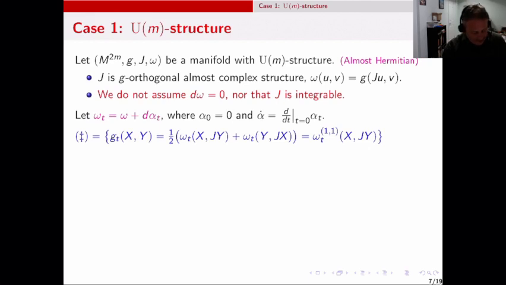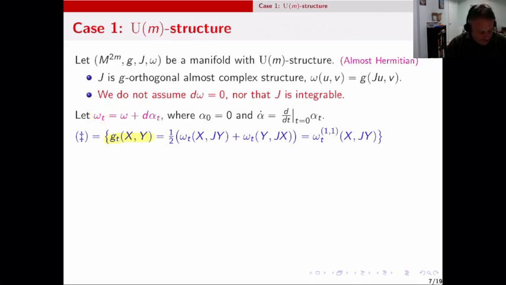And it's easy to check that what we've just done is we've said, well, omega t is a family of 2-forms, right? Our almost complex structure is fixed. We're varying omega, but not J. So we can always talk about the (p,q) type decomposition with respect to J. And even though omega is type 1-1, omega t may not be type 1-1.